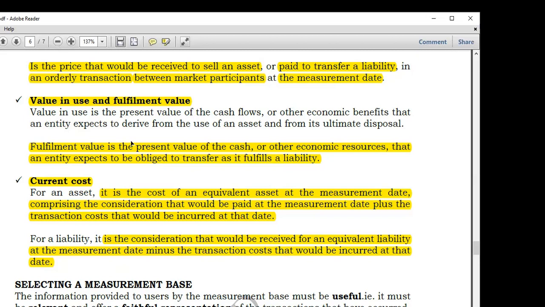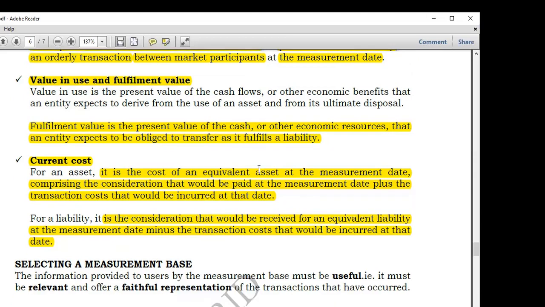So you find out that the value that I have to pay to the bank so that I can be free of the debt is 6 million. And this is what we call fulfillment value. And that's why the definition itself ends with as it fulfills a liability. You find this word fulfill here. Do you get that? Yes, I did.